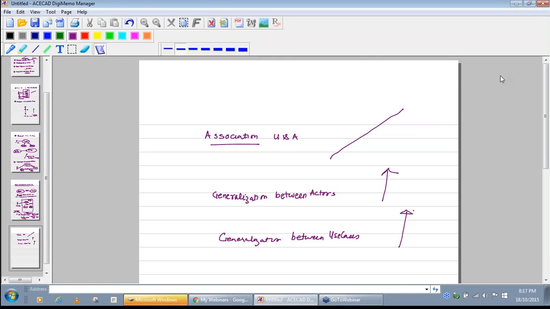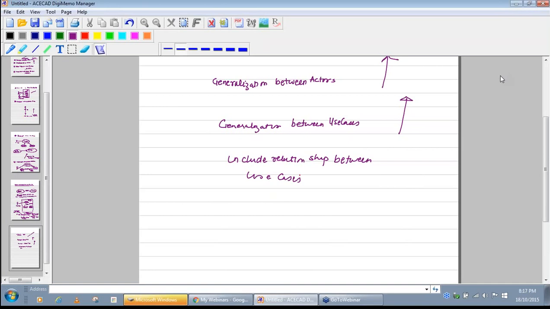This is the notation for include relationship between use cases. Notation is this arrow with the guillemets "includes". For extend relationship between use cases, the arrow remains the same and "extends" is written over it.